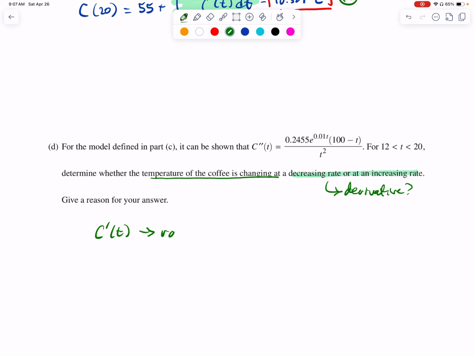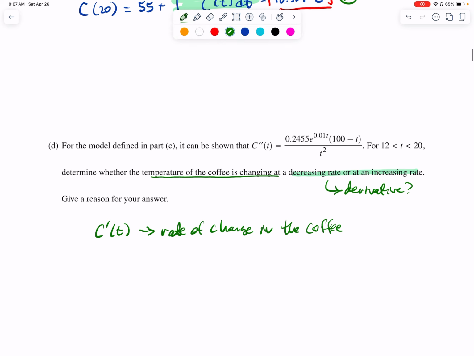This is the rate of change in the coffee. And we want to know, is this thing increasing or is this thing decreasing? Well, what does that mean if it's increasing? That means that it has positive slope. And if it has positive slope, that means that C double prime, that's its derivative, which measures C prime's slope, would be greater than 0.